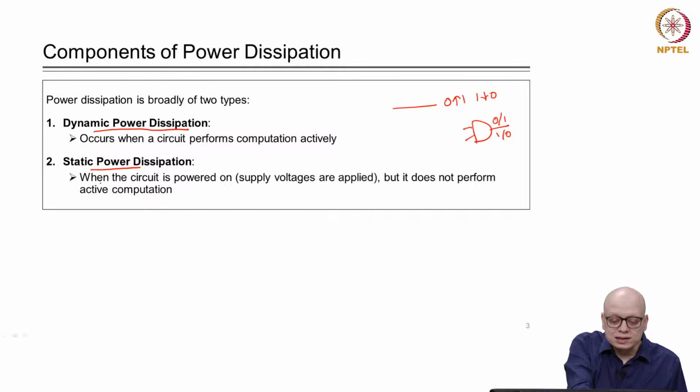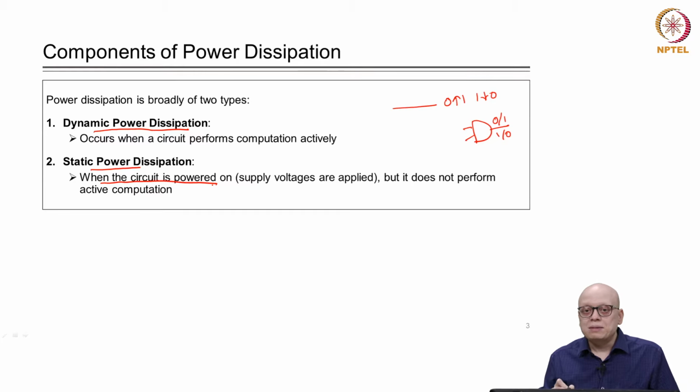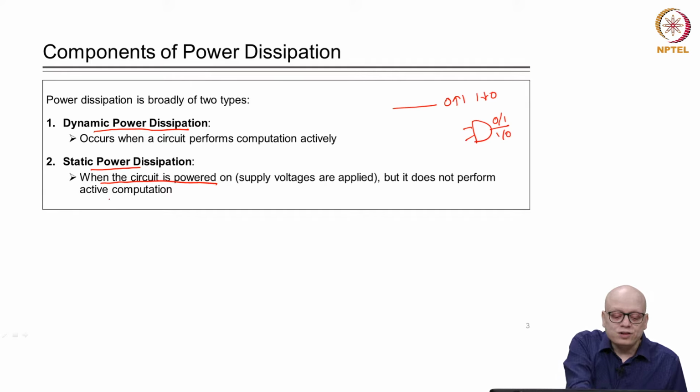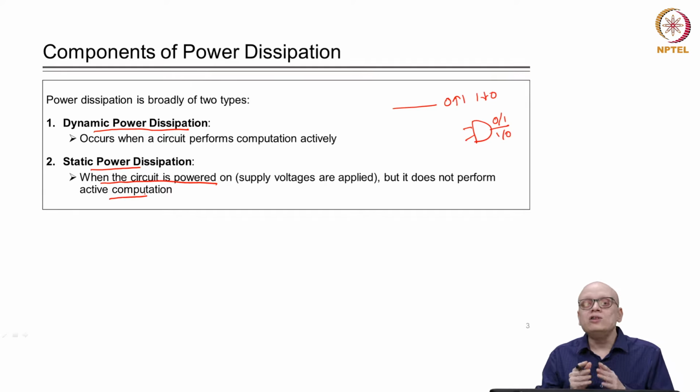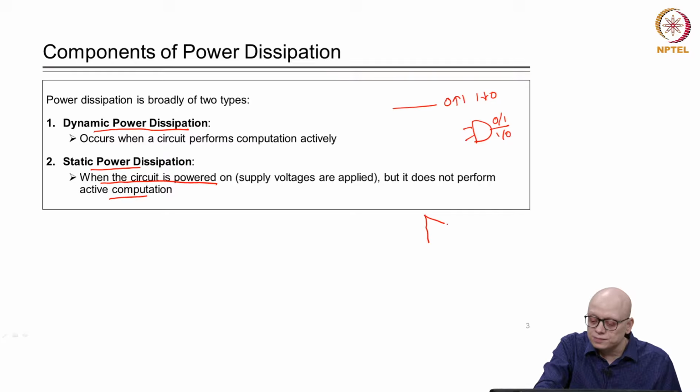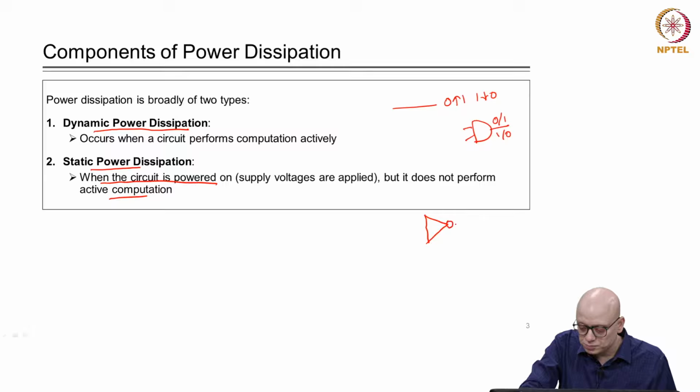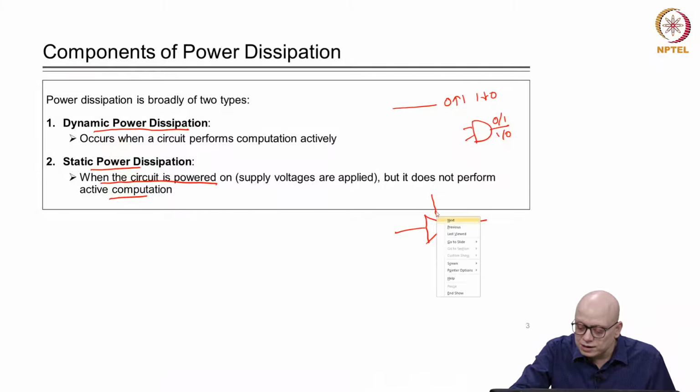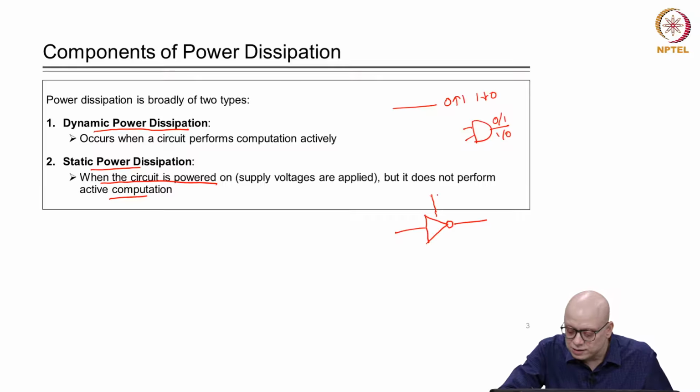The second type of power dissipation is known as static power dissipation, and static power dissipation occurs when the circuit is powered on, meaning that the circuit is connected to VDD and ground rails, but it does not perform active computation, meaning that the value of the signal is not changing. For example, suppose there is an inverter connected to the VDD line and the ground line.